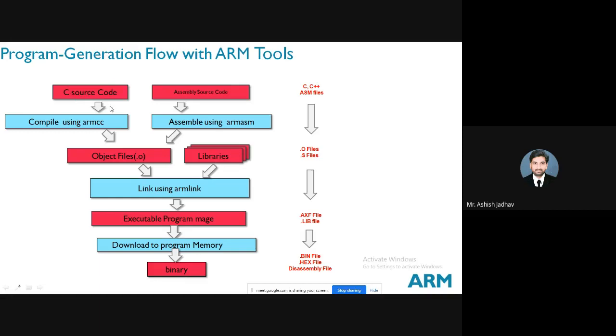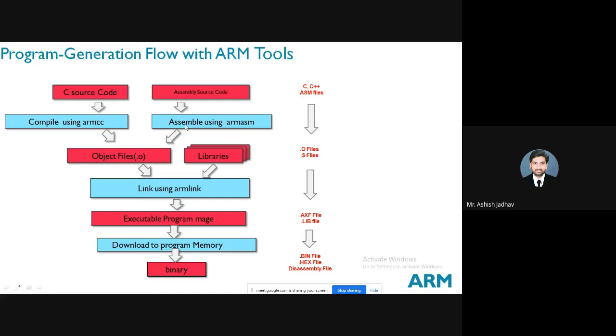In order to compile code written in C language, you require ARM-CC as a compiler. And if you have written the code in assembly language, you require an assembler, that is ARM ASM, to convert it into an object file. These are the tools you should remember, because they can be asked in multiple choice questions, right?